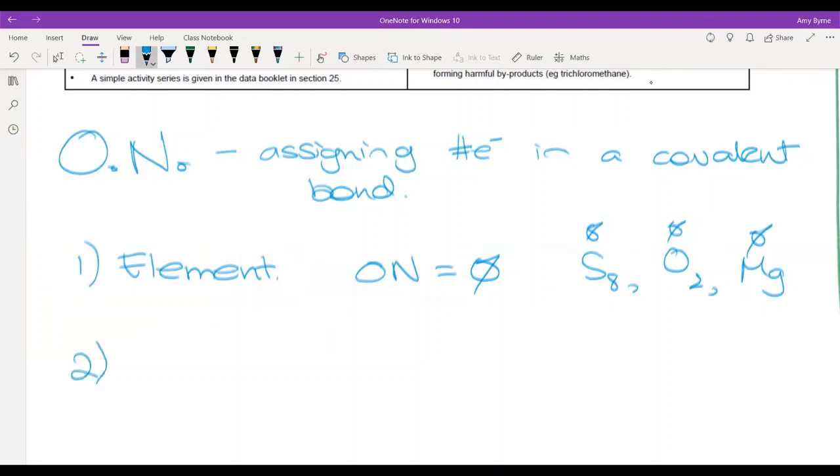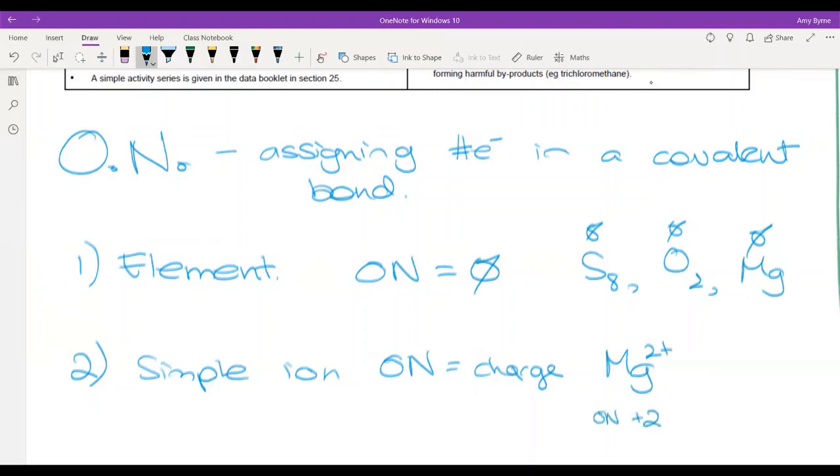If I have what is called a simple ion, the oxidation number is equal to the charge. Oh, and one thing you're going to see. So magnesium 2 plus, the oxidation number is +2.